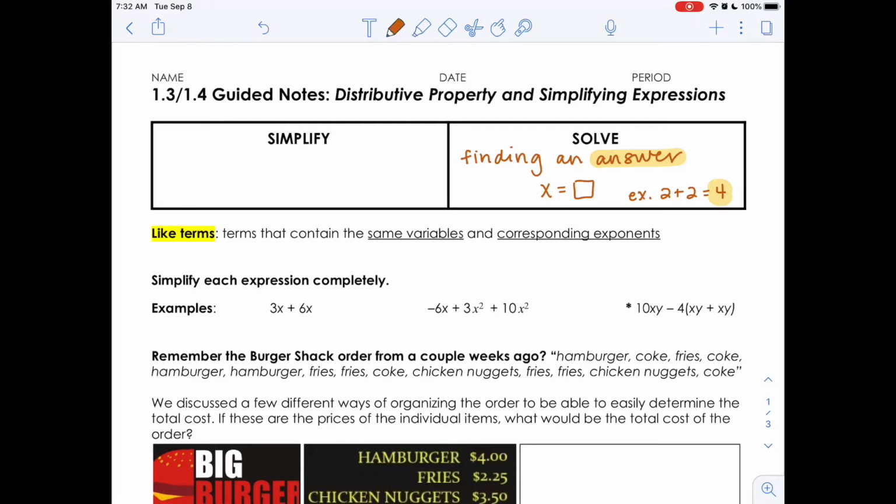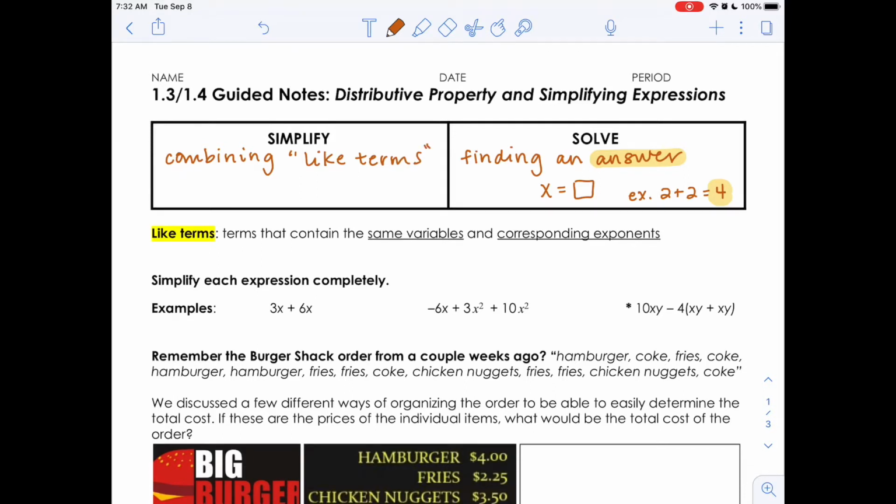Simplifying is different. When we're simplifying, what we're doing is we're combining like terms. So that's the definition we're going to use. So we're combining, I'm going to put this in quotes, "like terms."